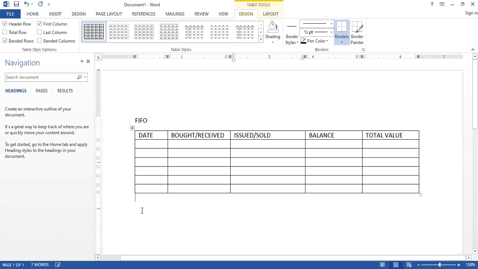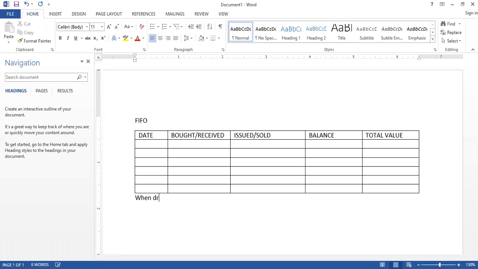Let me just write it here: ignore selling price. We only use cost prices. And this is what we were explaining under perpetual, that when you are valuing inventory, we do not value inventory according to our selling price.